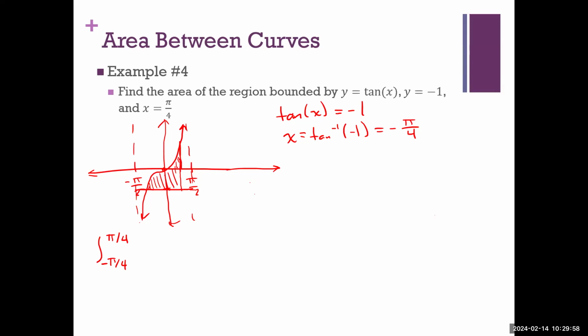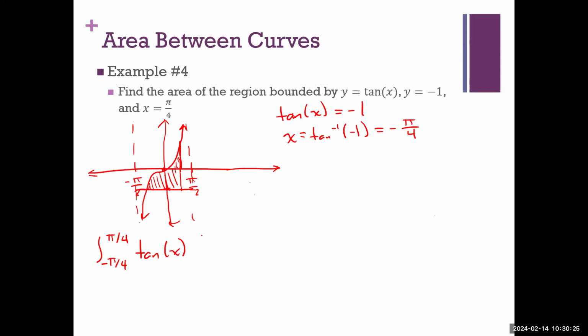So how do we finish setting up this integral? We got the bounds from negative pi over 4 to pi over 4. So we set up the integral as the tangent function. Would we have to do the bounds in y actually?